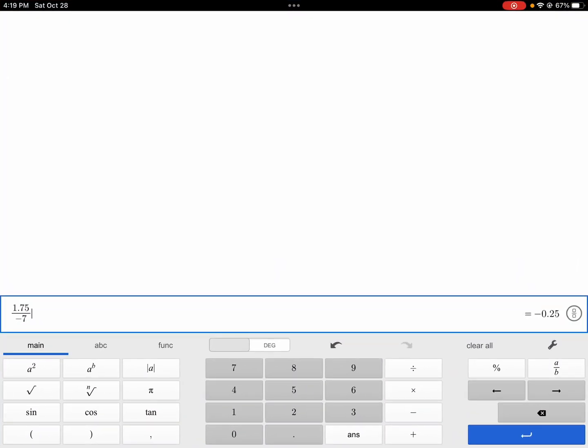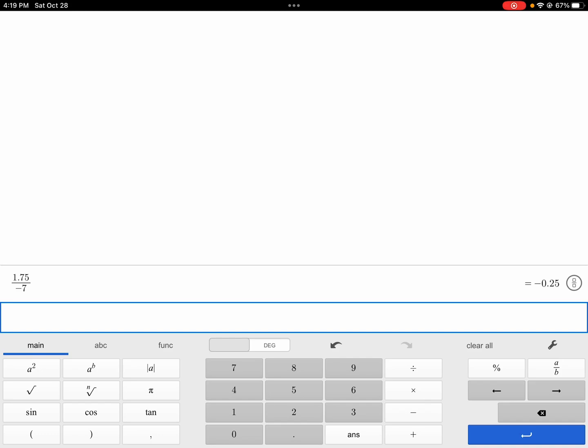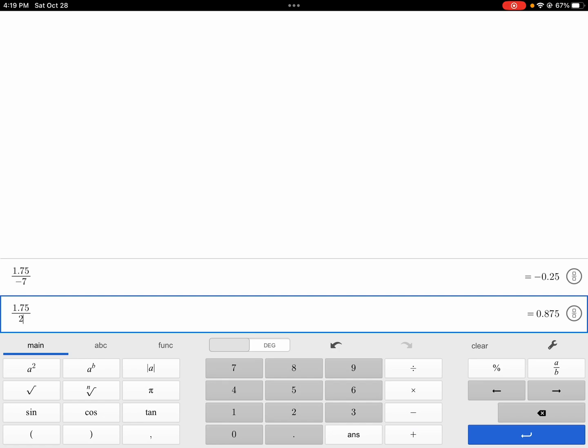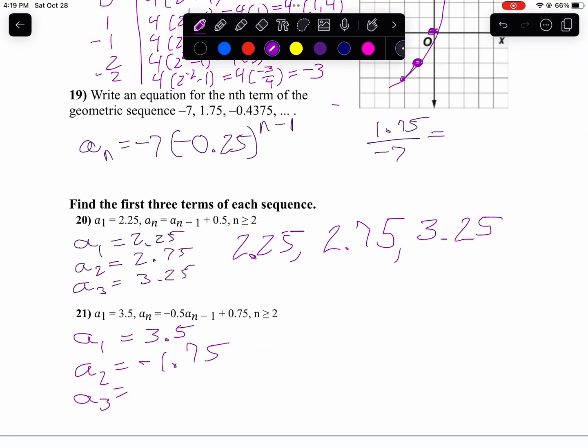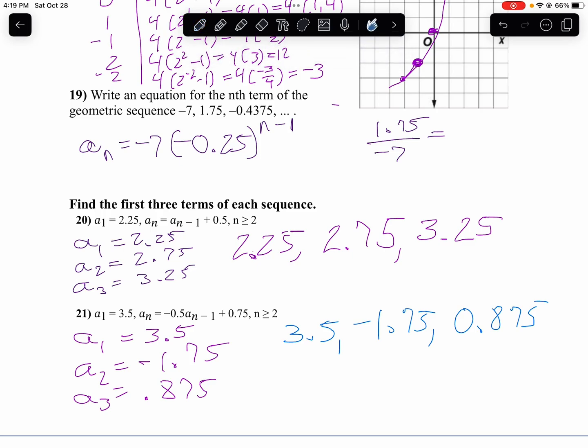I can't do that in my head, so I'll divide 1.75 by 2, and you get 0.875. So my first 3 terms are going to be 3.5, negative 1.75, and 0.875. And there we have those.